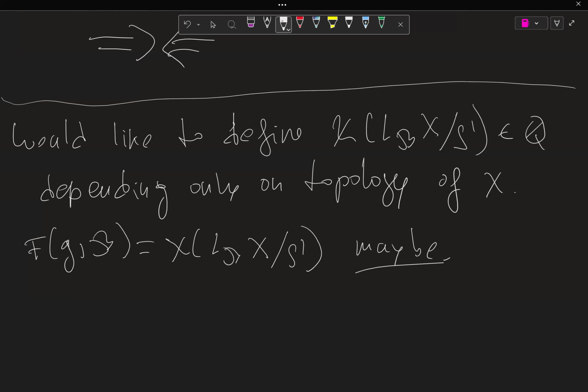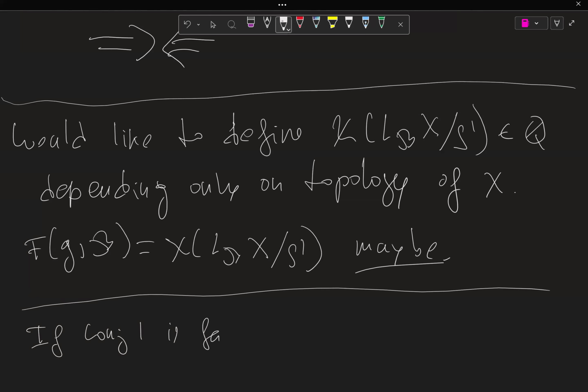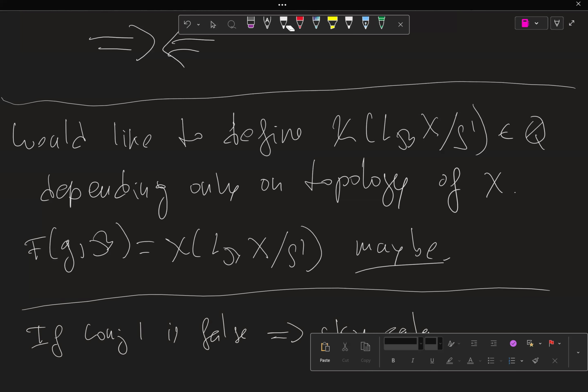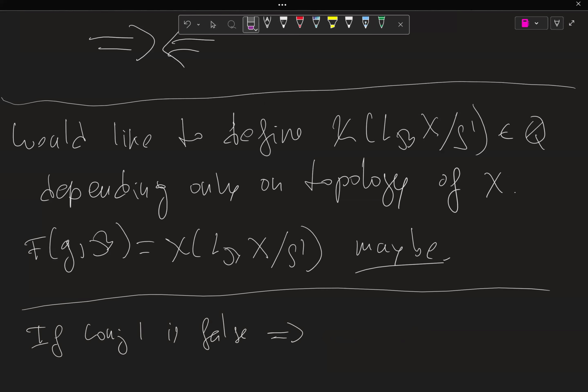I should say that what is also interesting is that if the conjecture fails, so if conjecture one is false, then geodesic sky catastrophes exist.